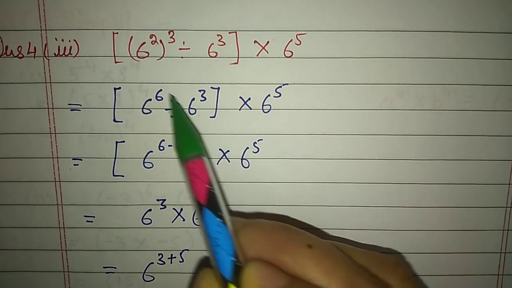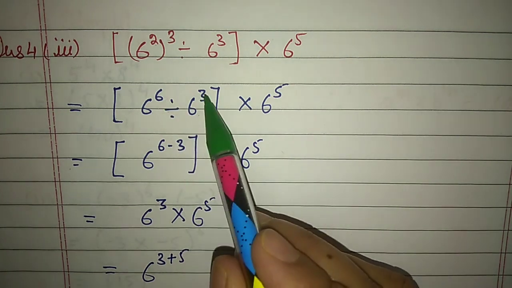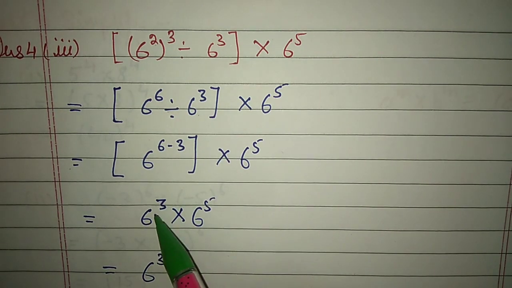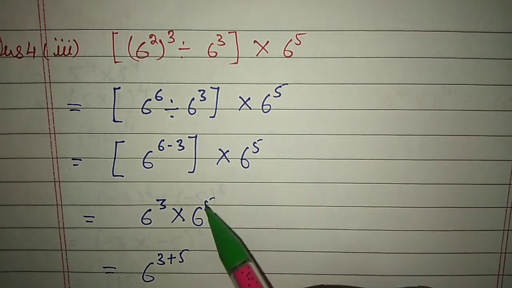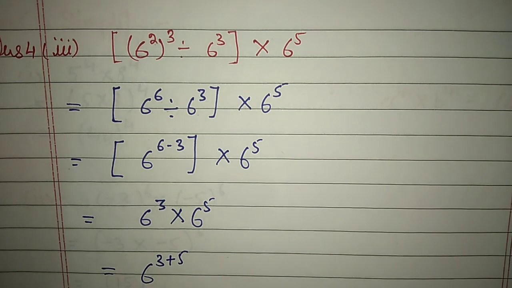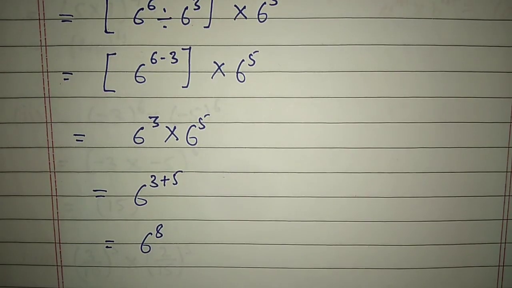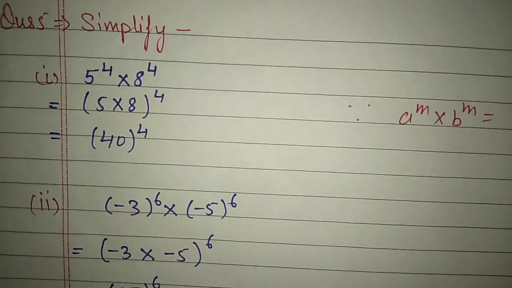When division, we have to subtract the power. So 6 to the power 6 minus 3 is equal to 6^3. Multiply by 6^5. Base is same, multiplication symbol is there, it means power we have to add. So it will become 6 to the power 3 plus 5, equal to 6^8.